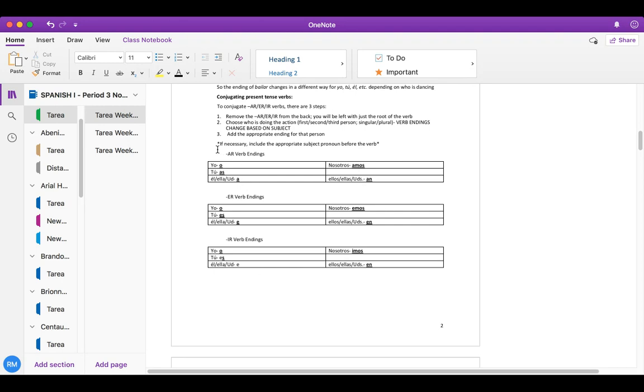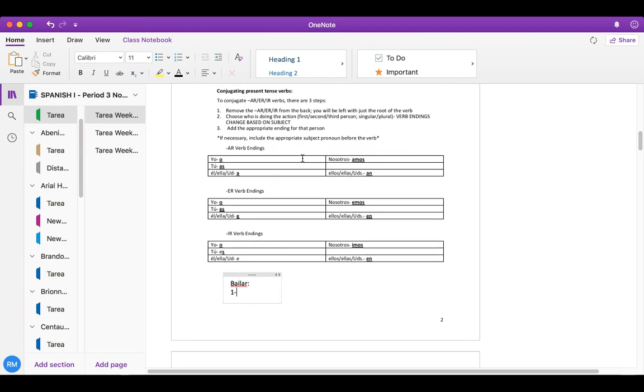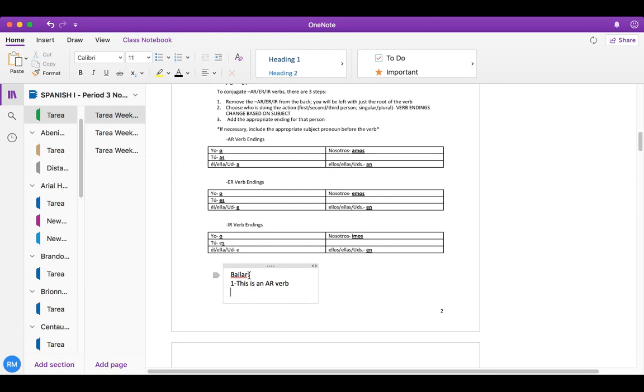So let's say I have an AR ending. Let's say the verb is bailar. Okay? Step 1, this is an AR verb. I know this because it ends with AR right here. Bailar. Okay? See that. All right.